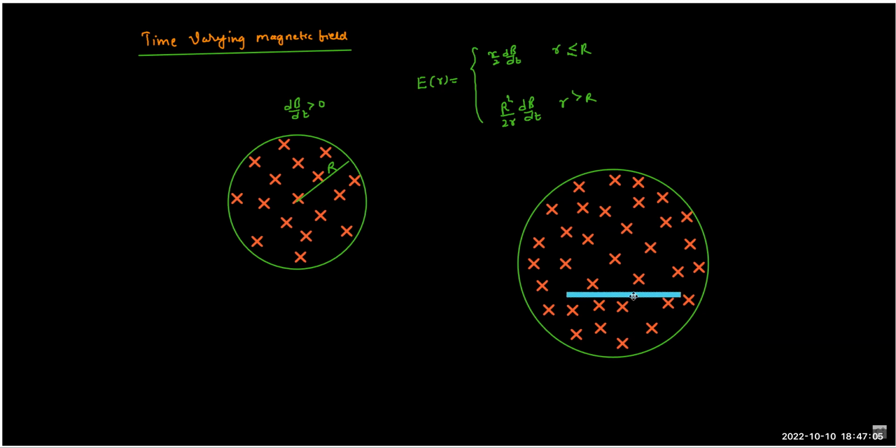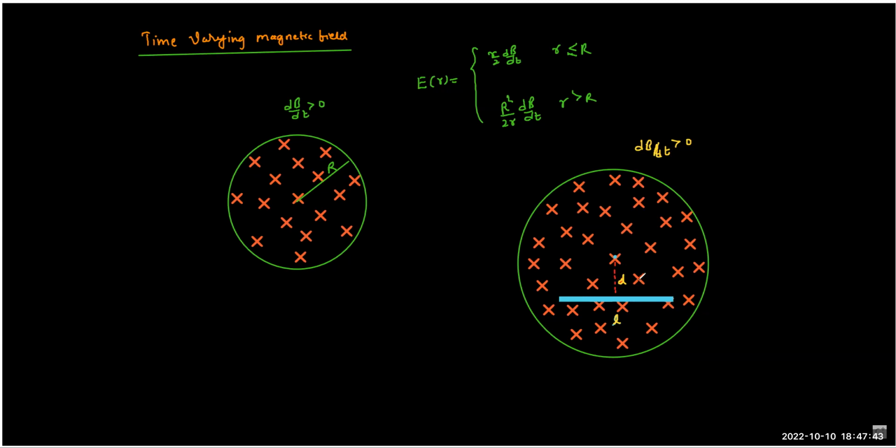So a thin rod of length L is kept in such a way that the perpendicular distance from the center is D, and the length of the rod is L. And what is given to us is that dB by dt is positive.